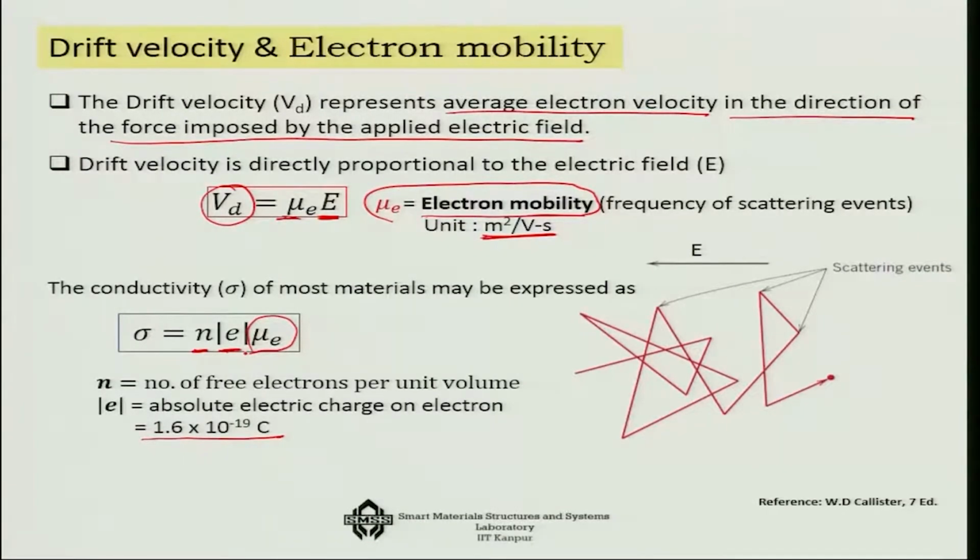So, if you have more free electrons per unit volume, your conductivity will be more. If you have more electron mobility, mu e, because the absolute electric charge on the electron is not changing, then also you will get a higher conductivity in a metallic system.